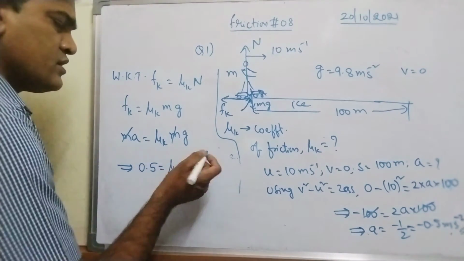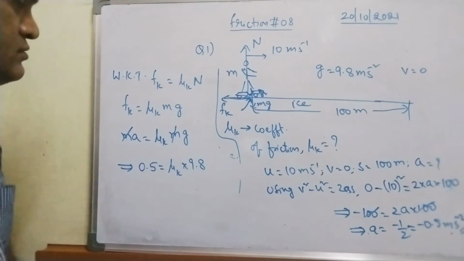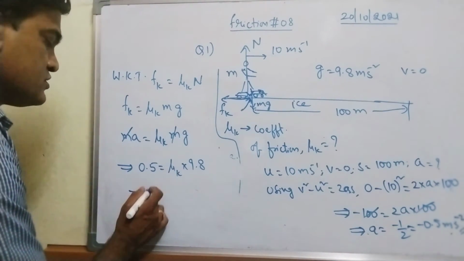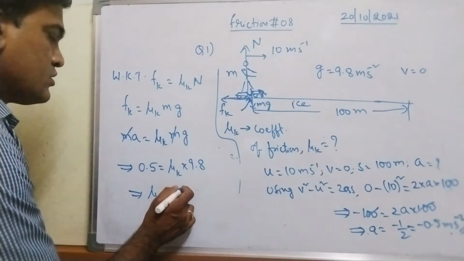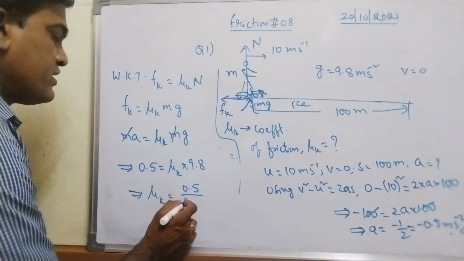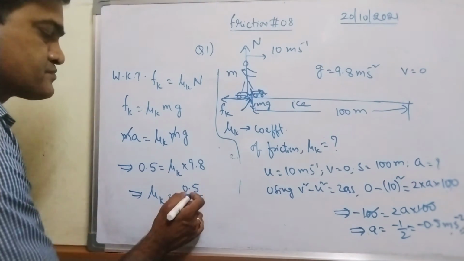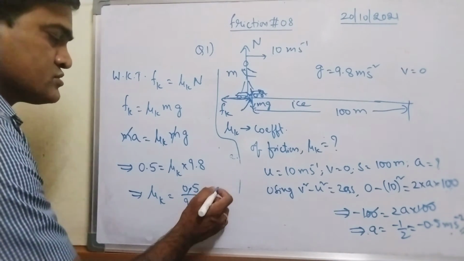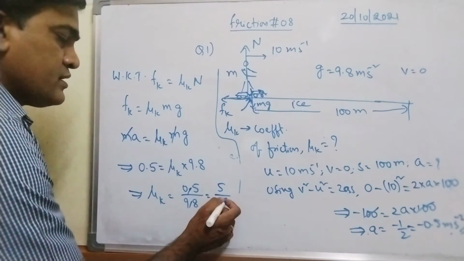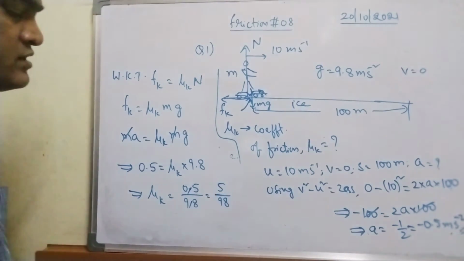You can take 10 also. So from this, mu k is equal to 0.5 divided by 9.8, that is 5 by 98, whatever the value is, that is the answer.